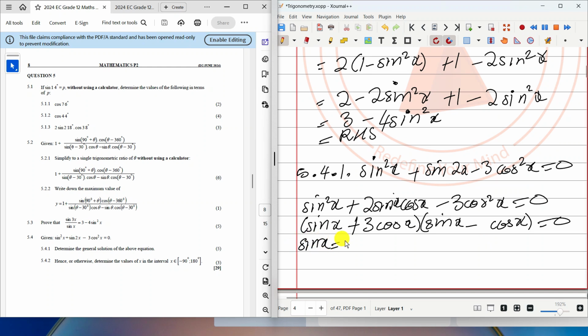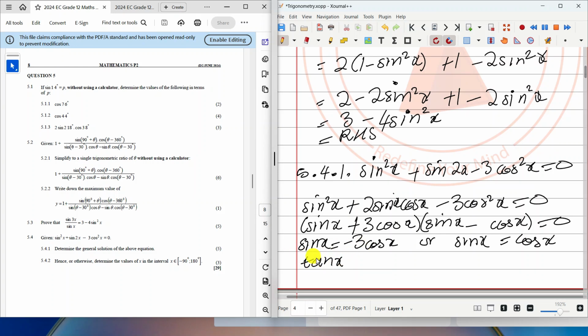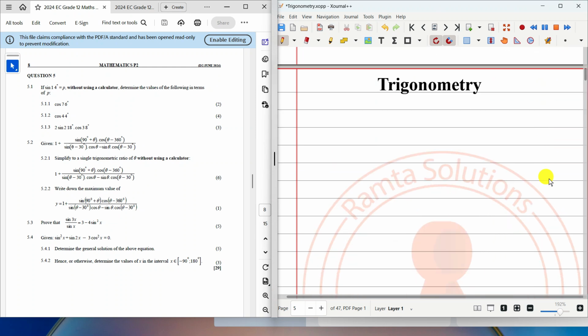Sine x equals negative 3 cos x, or sine x equals cos x. Dividing by cos x through that, we will have sine x over cos x, which is tan x, equal to negative 3. And here, doing the same, we will have tan x is equal to 1. Okay.